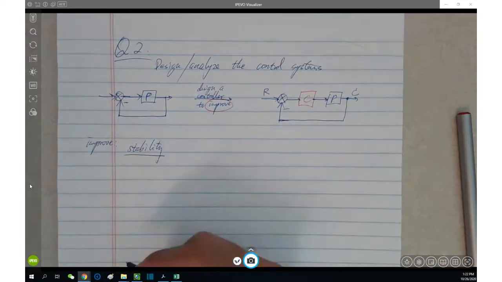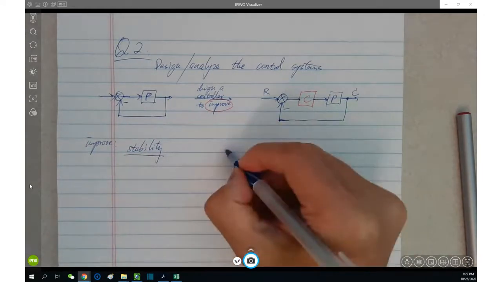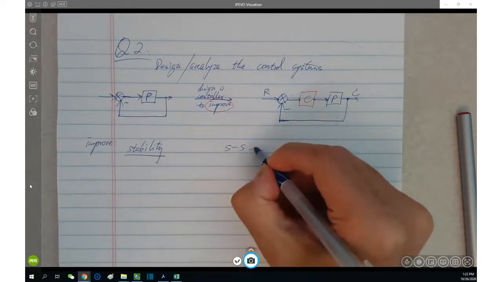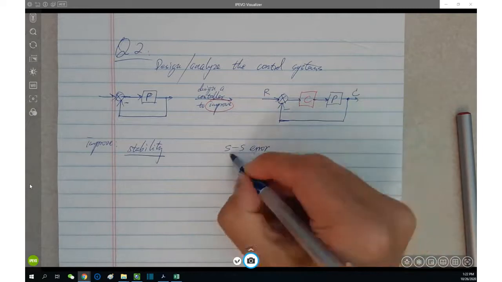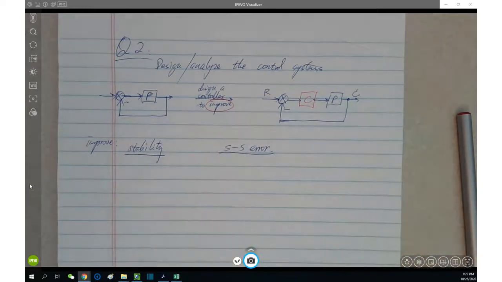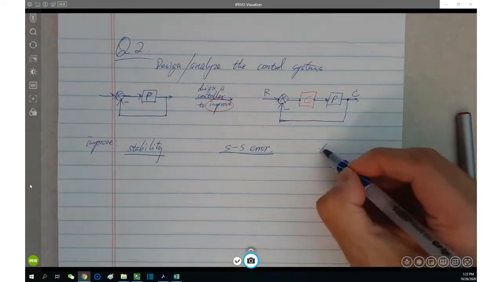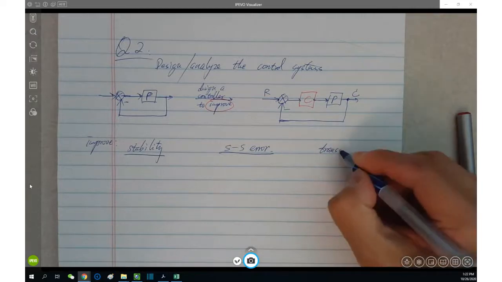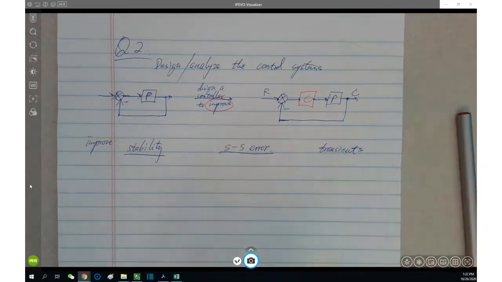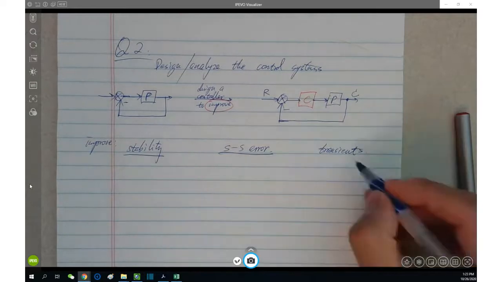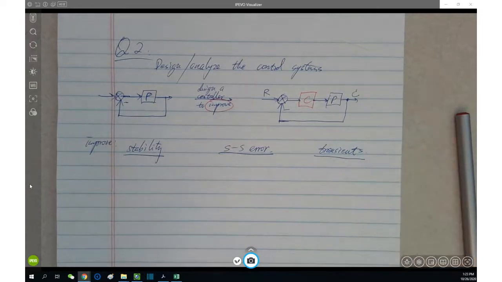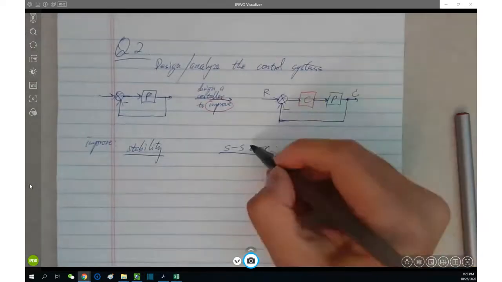First thing is called stability. Second is what? We know this very well. Third is the so-called transient.